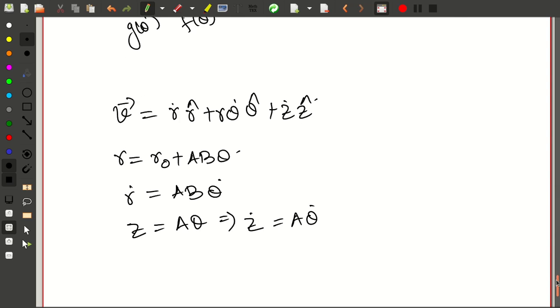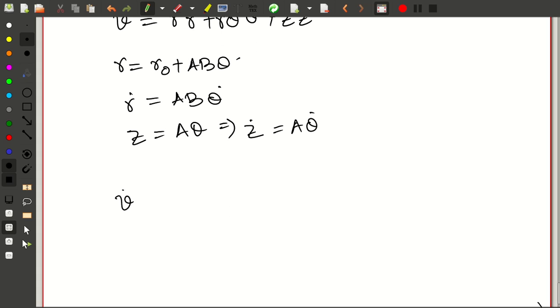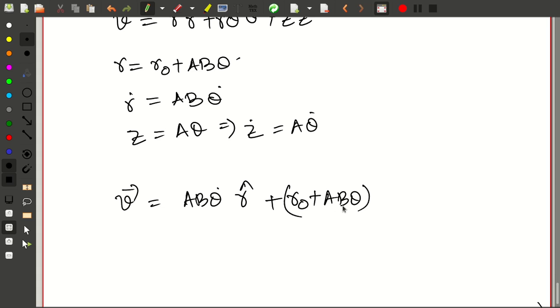So now you can find out what the velocity is. When you substitute for velocity, you get AB theta dot r cap, plus (r naught plus AB theta) theta dot into theta cap, then z dot, that is a theta dot z cap. This is what your velocity is.